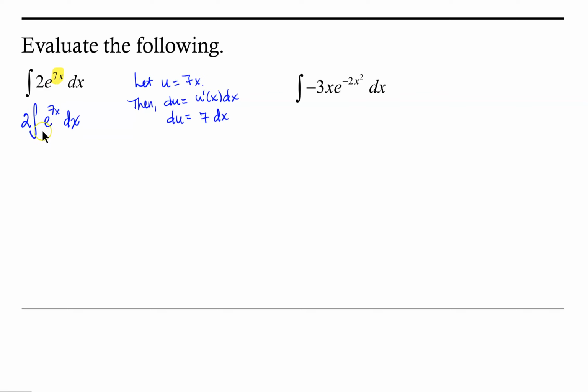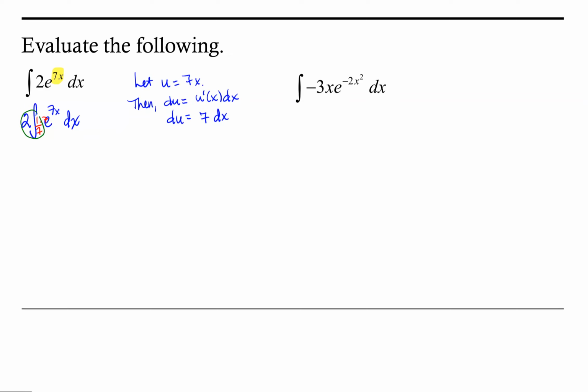Now, as I look at this example, we don't have a factor of 7 with which to create du. However, we can create that factor of 7 by simply multiplying by 1/7 and 7. So 1/7 times 7 is 1, and if I do that, then I can rewrite this integral.